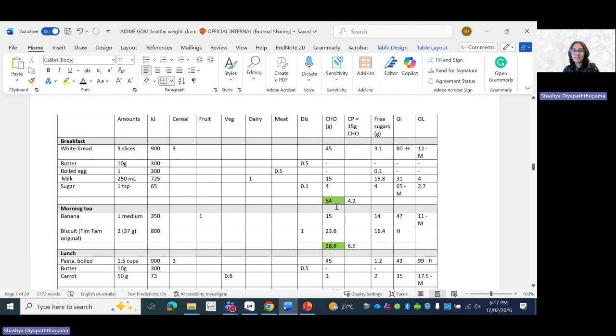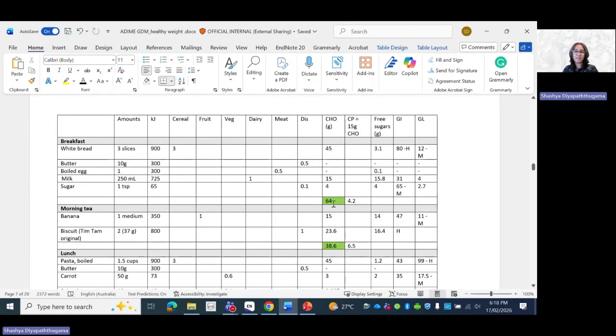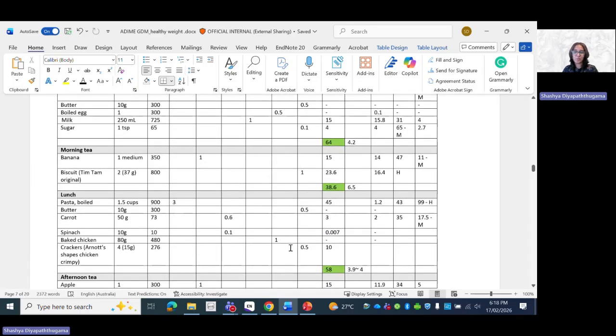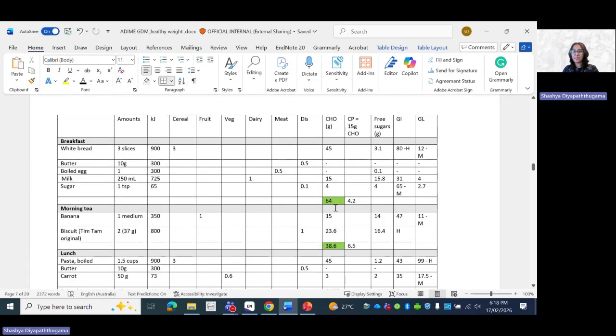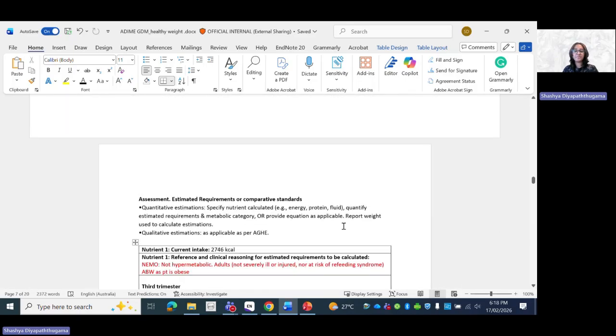I've calculated the carbohydrates separately for each meal, because if you remember, we need to make sure that we try to divide the total carbs throughout the day as evenly as possible. So to see that, I've separately calculated the carbohydrates for each meal. And similarly, I've calculated the carbohydrate portion separately for each meal for that purpose.